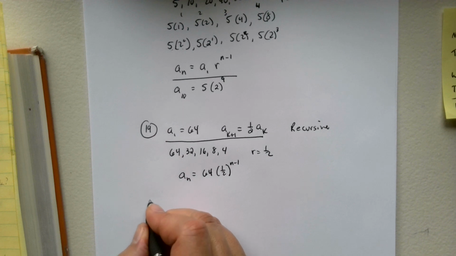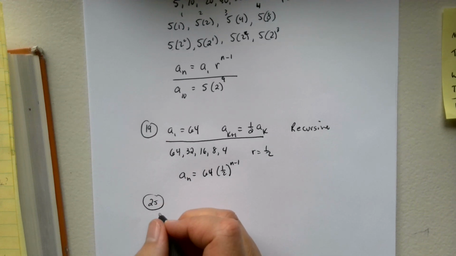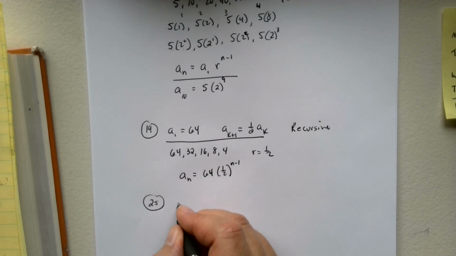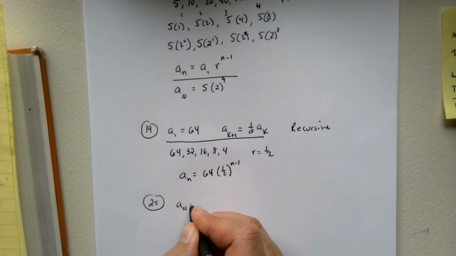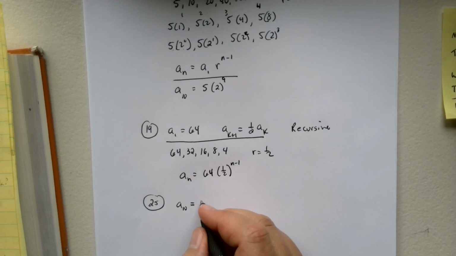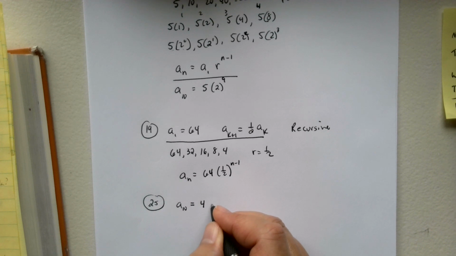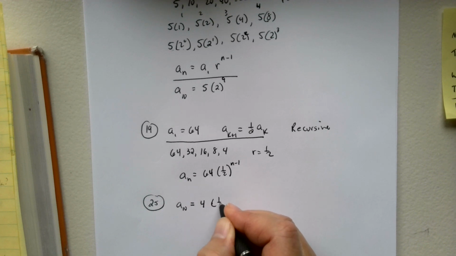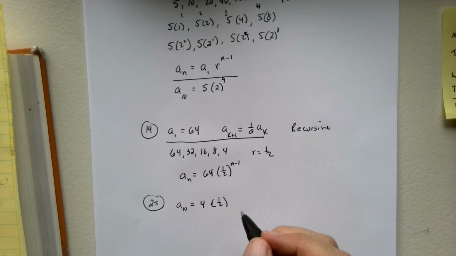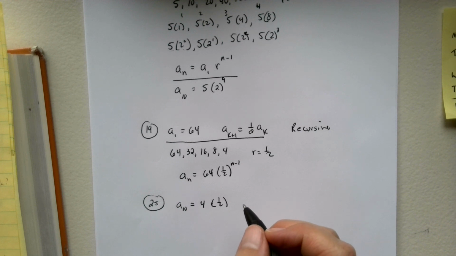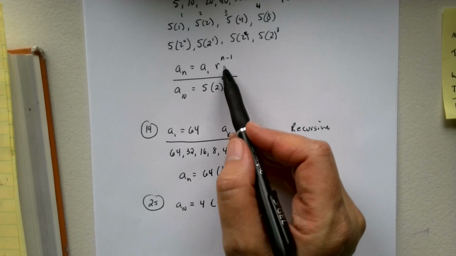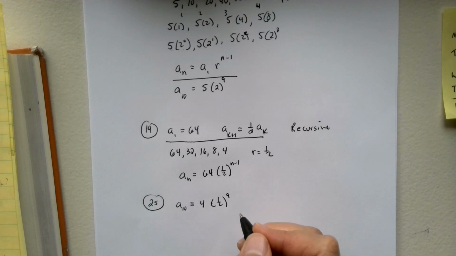All right, let's look at number 25. Find the nth term of the geometric sequence. All right, so they want the 10th term, and the first term is 4, and the ratio is 1/2. It won't always be 1/2, just in these couple of examples. And so our formula has n minus 1, so this is going to be to the 9th power.